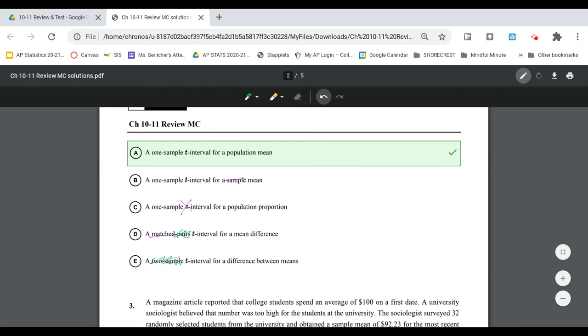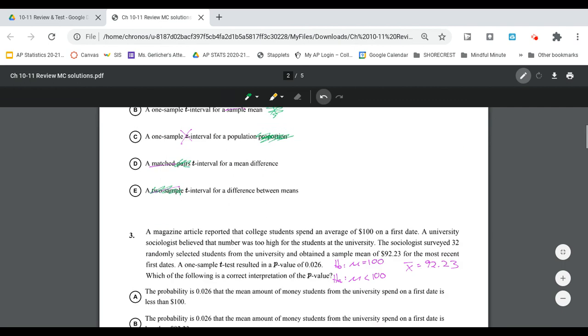We know that when we're doing means, it should be T, and so not proportion. You don't have a percentage of dolphins, you have a certain number of dolphins. So now we're down to A and B, and keep in mind the interval is trying to estimate the population mean, not the sample mean. We want mu, not X bar. So the answer is A.